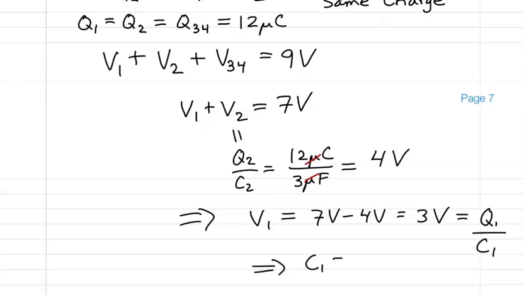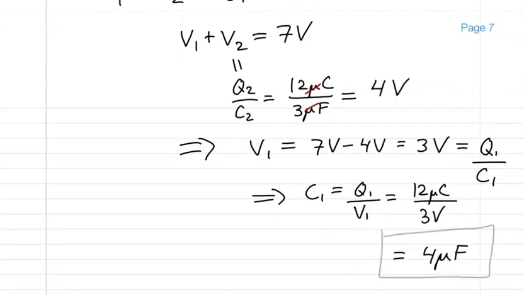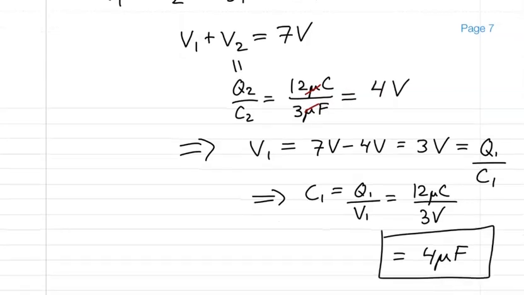So C1 equals Q1 over V1, or remember Q1 also equals Q2, so it's 12 microcoulombs over the voltage, which is 3 volts. And so the final answer will be 12 divided by 3, which is going to be 4 microfarads for C1. So that's how you do these problems.